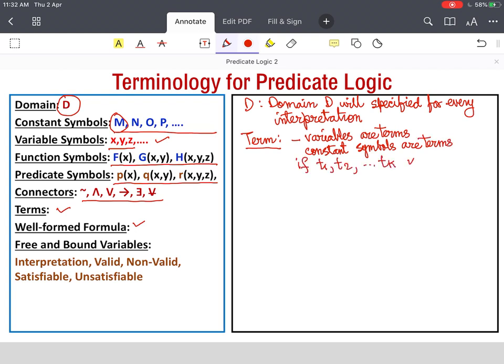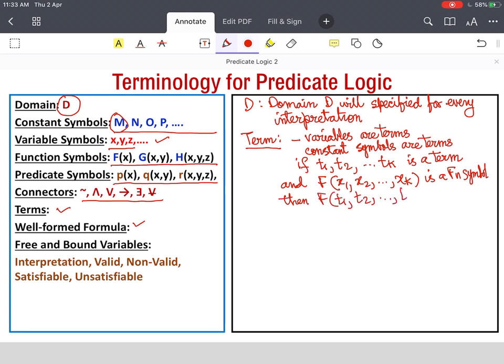If T1, T2, Tk are terms and f is a function symbol with k arguments, then f T1, T2, Tk is also a term. This is for function symbols.